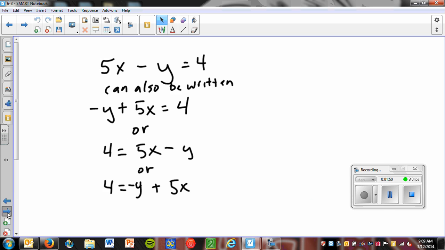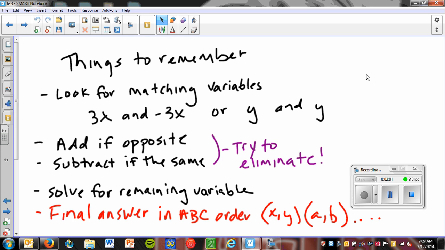Okay, so things to remember. We're looking for what I told my students as matching variables. With matching variables, the only qualifications I had were: 1, they had to be the same letters, so x and x, y and y. 2, they had to be the same power, so to the first power, to the first power.